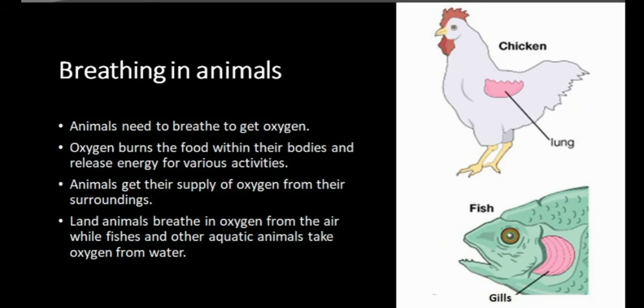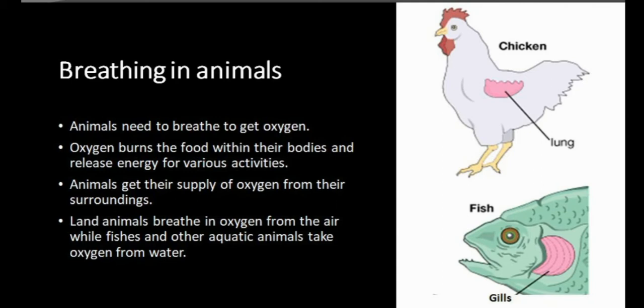So, first we will see breathing in animals. How different animals breathe. Animals need to breathe to get oxygen, and oxygen burns the food within their bodies and releases energy for various activities.